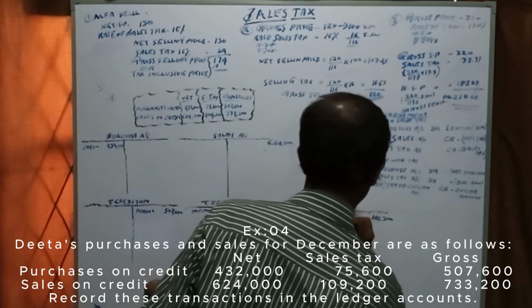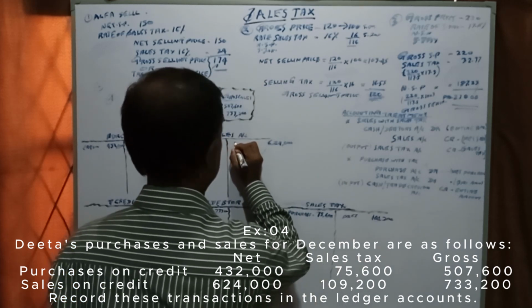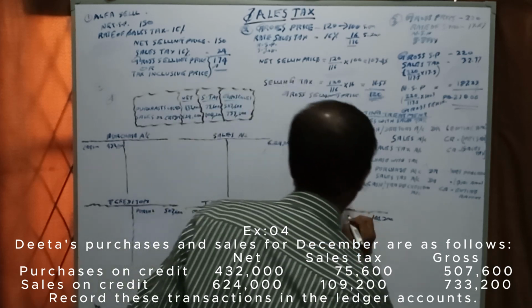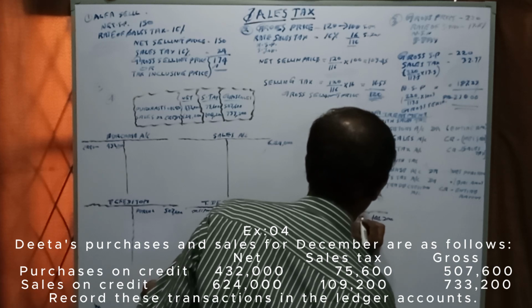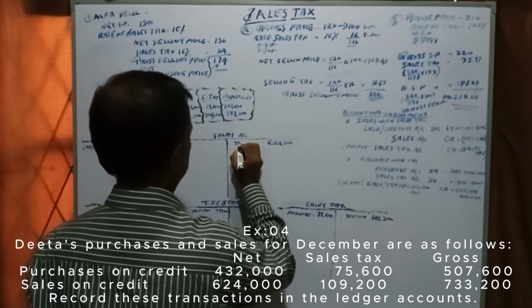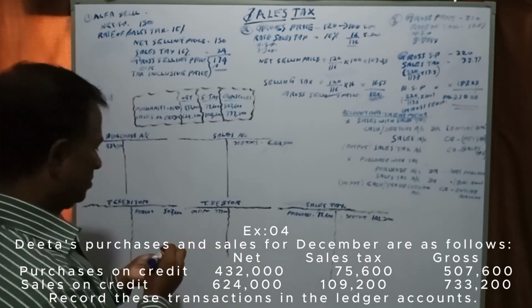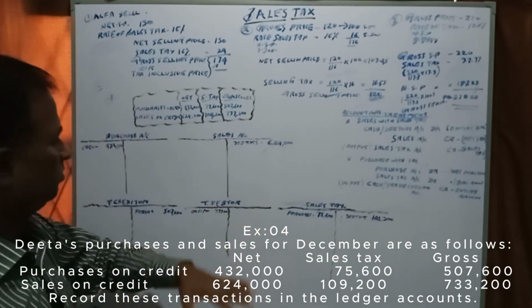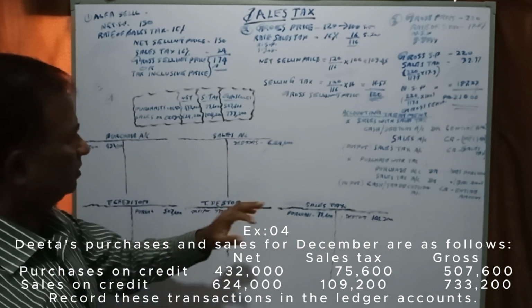Here you say debtors. This is the debtors. This is balancing sales, right?